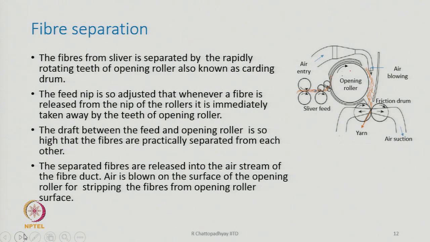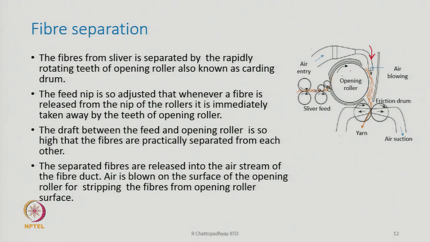The separated fibers are now released into an air stream, and air is blown on the surface of the opening roller, stripping the fiber. So, there is a blower here. This blower is blowing air, and the velocity of the air at this point must be more than the velocity of the opening roller surface.